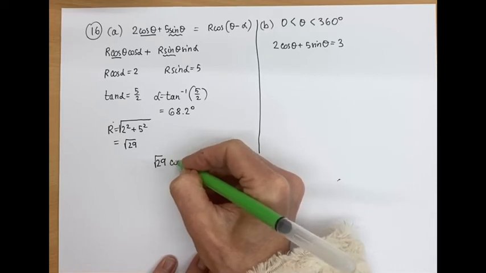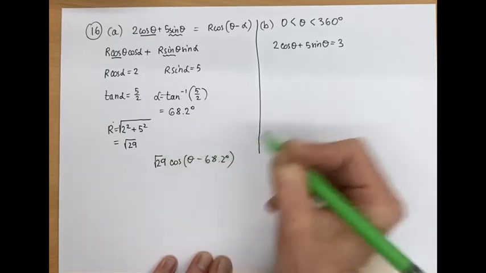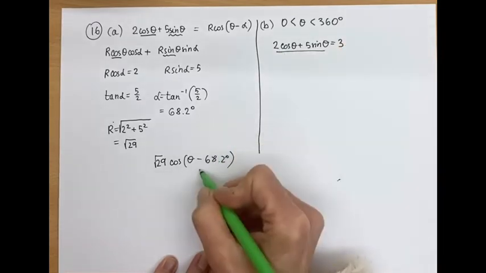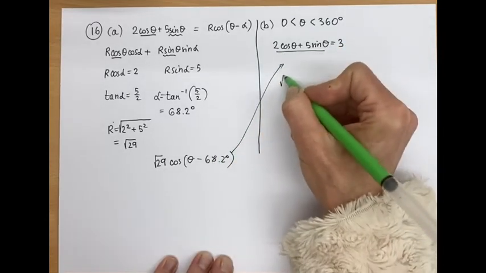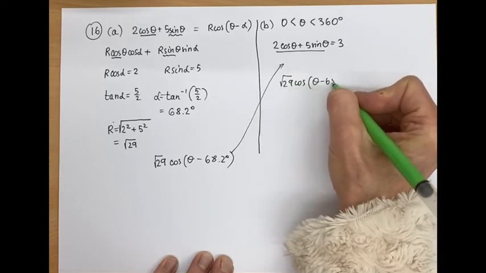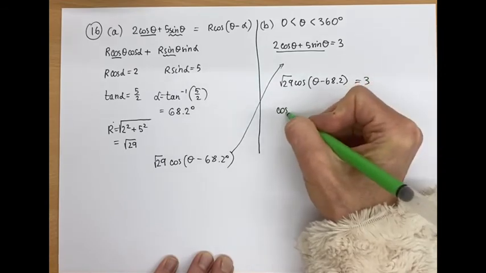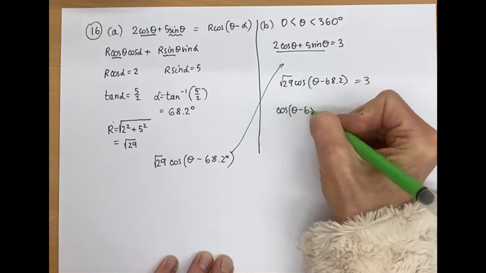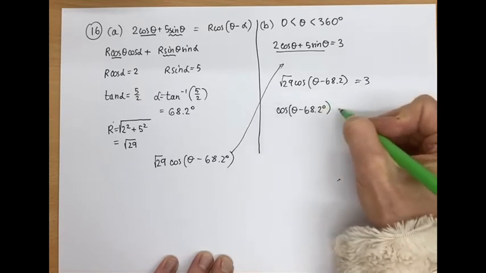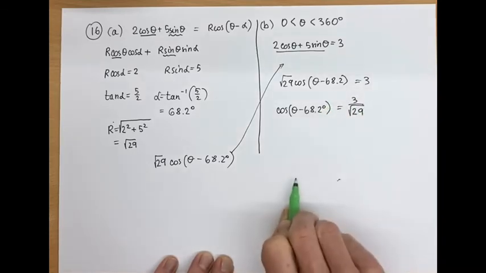So this is root 29 cos(theta minus 68.2 degrees). So the left-hand side can be replaced with this. So root 29 cos(theta minus 68.2) is equal to 3. So cos(theta minus 68.2 degrees) is equal to 3 over root 29.